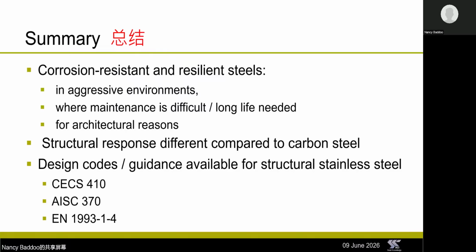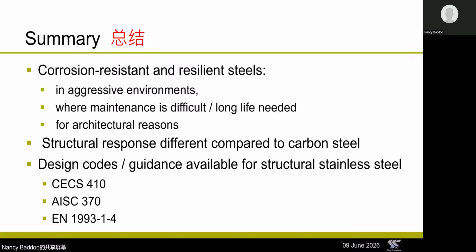Finally, we have talked about the different design codes and guidance that is available for structural engineers, designers, architects, and also fabricators working with structural stainless steel. Most importantly for you, the Chinese standard CECS 410 is available, and shortly a new version will be published.